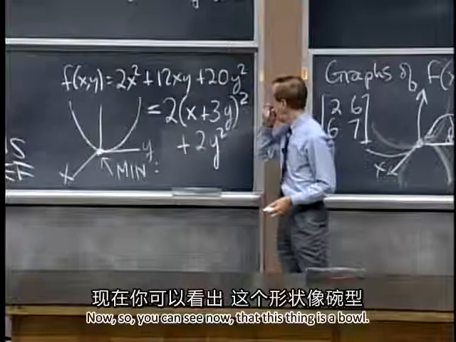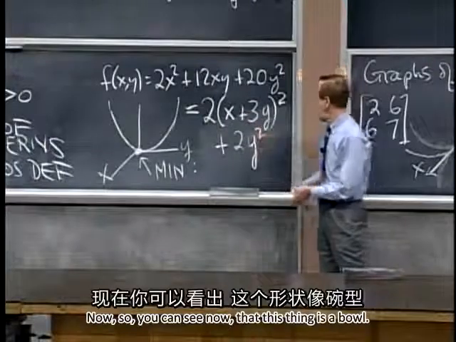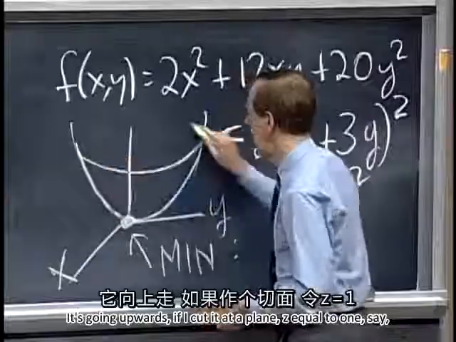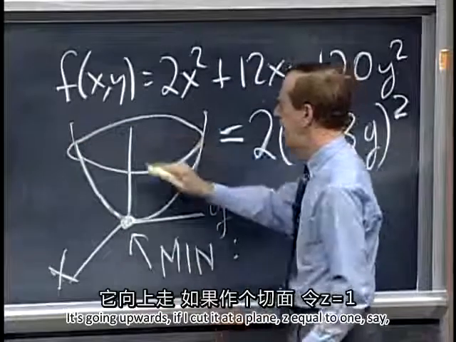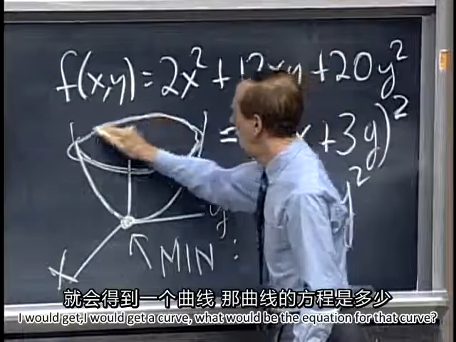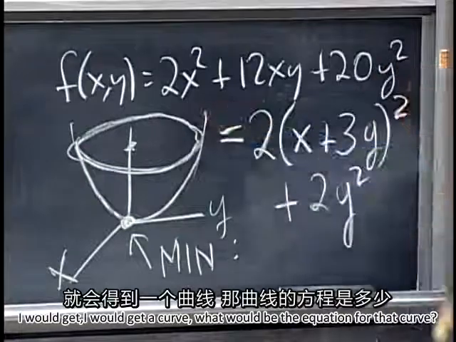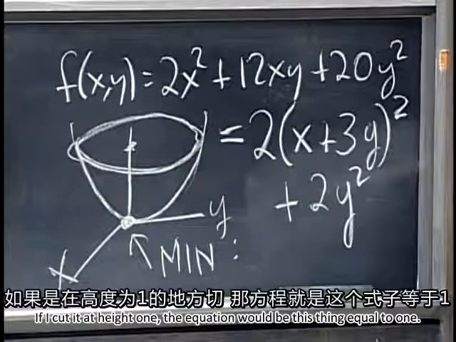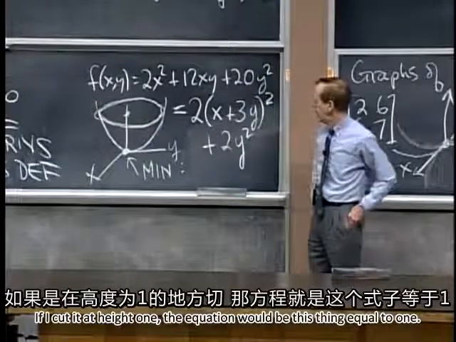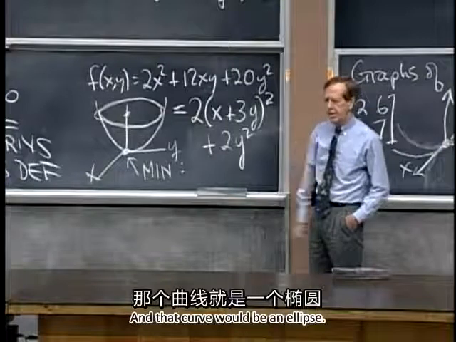Now you can see that this thing is a bowl. It's going upwards. If I cut it at a plane z equal to 1, say, I would get a curve. What would be the equation for that curve? If I cut it at height 1, the equation would be this thing equal to 1. And that curve would be an ellipse.